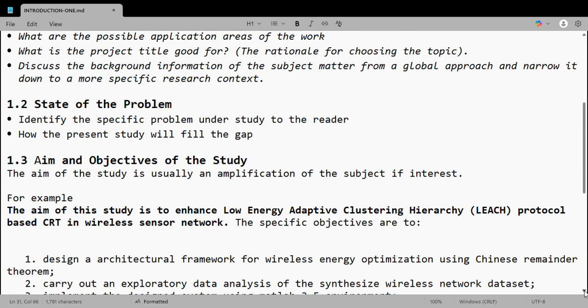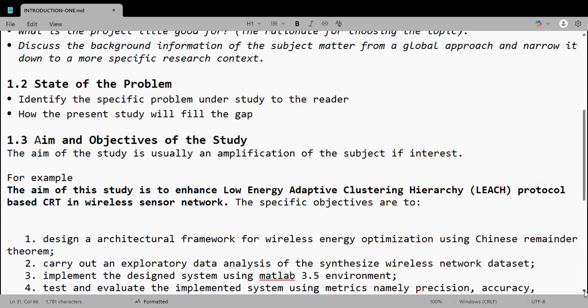And it should be followed with the objectives, which are stated as: the specific objectives are to, one, you list them. What are the objectives that you want to fulfill? It could come in various forms.